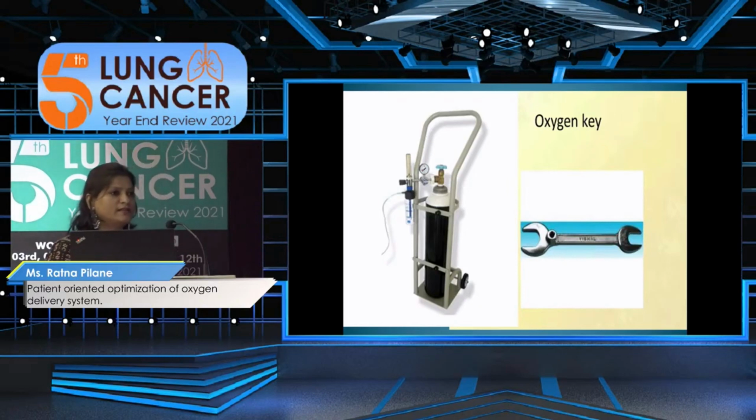Each oxygen cylinder is approximately 10 to 15 kg, which has 1300 liter to 1500 liter of oxygen in it. If you are giving 5 liter oxygen per minute, that means you are using 320 liter of oxygen in an hour. Once you are shifting a patient to another department with a high concentration mask, that means 10 liter of oxygen.